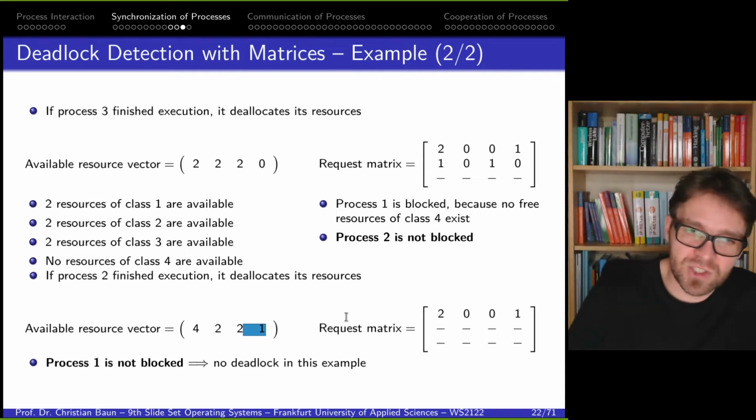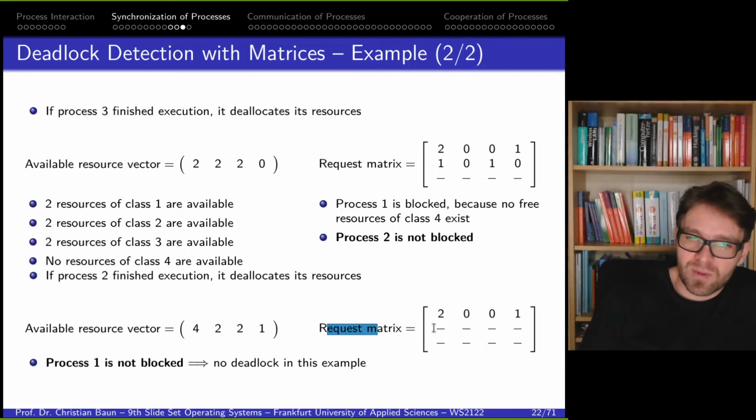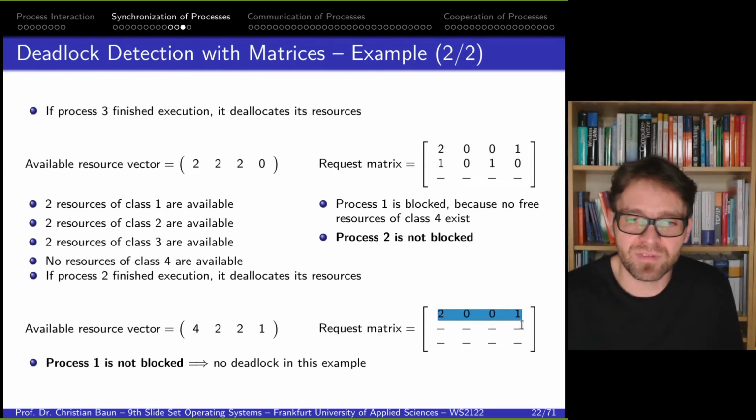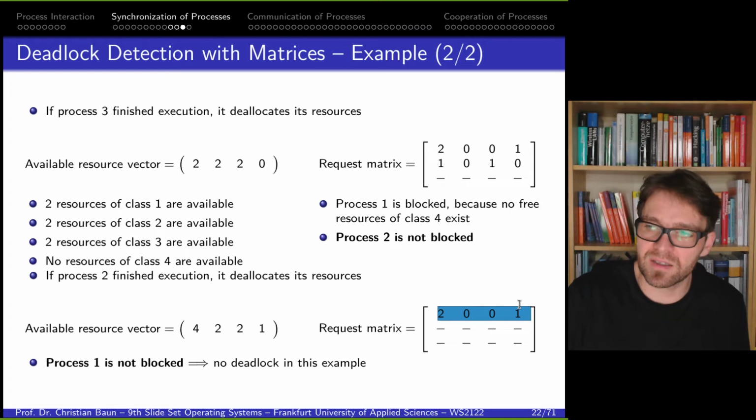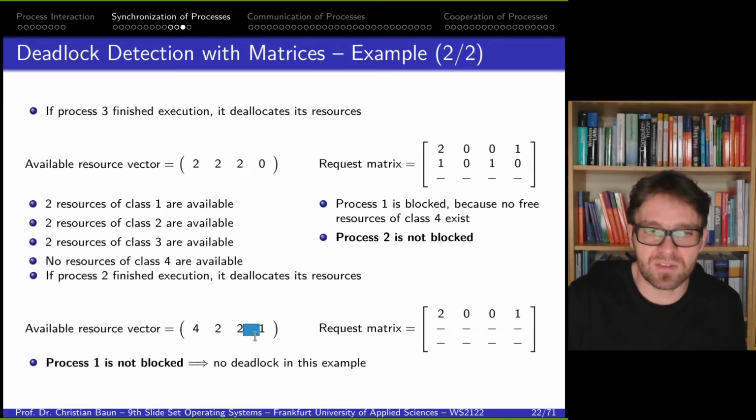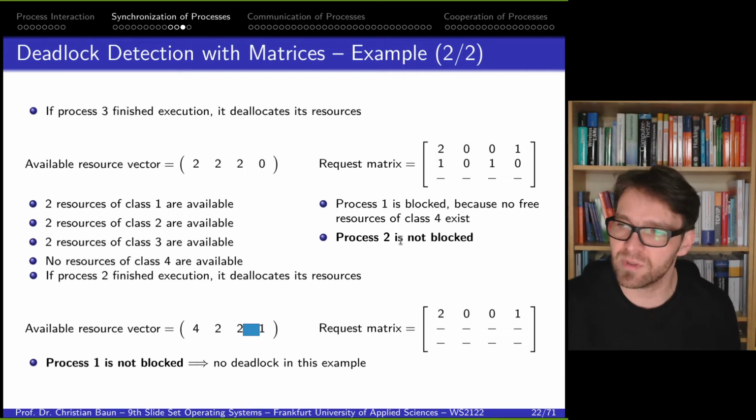And if we check the new request matrix, yeah, process 2 and 3 are gone. Process 1 is the only one left. Can we satisfy these demands? Yes, we can. And so we have no deadlock situation. Yeah? All processes were able to finish operation successfully, and we had no deadlock situation.